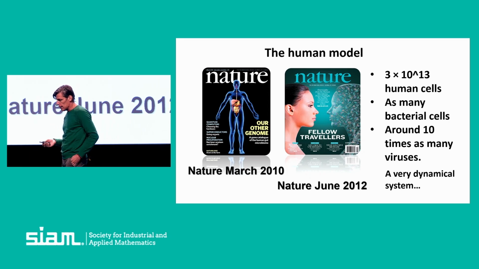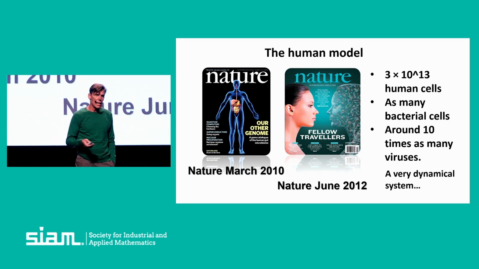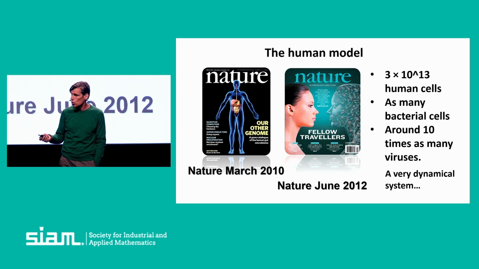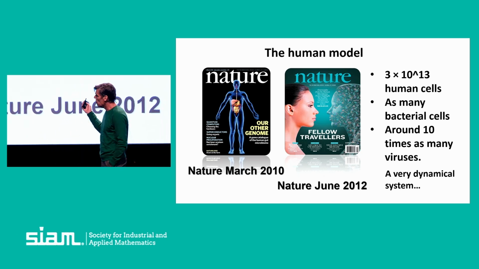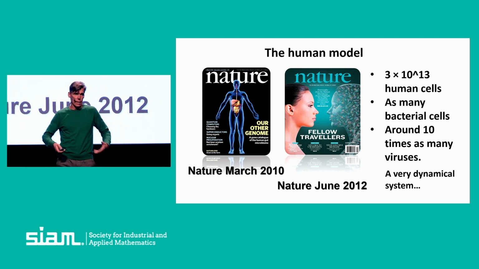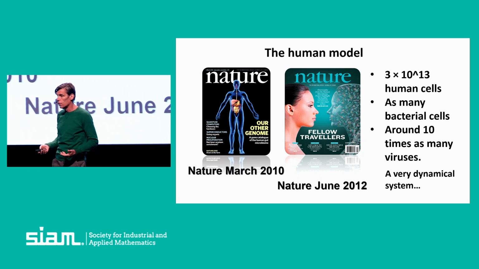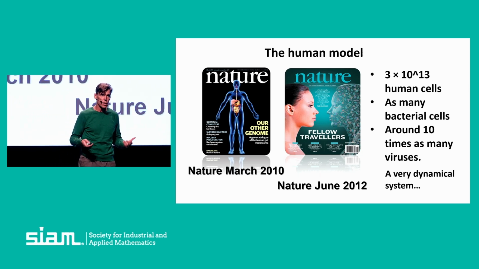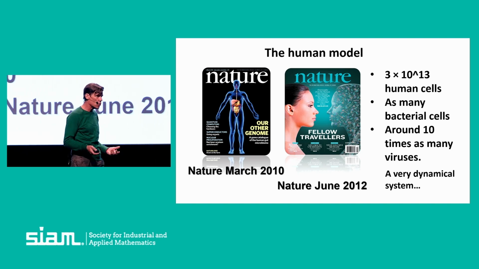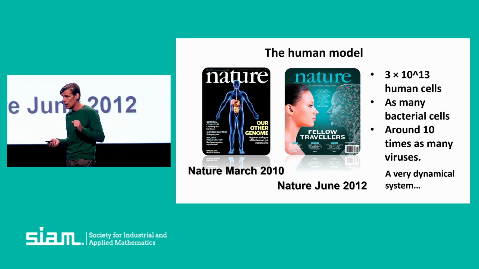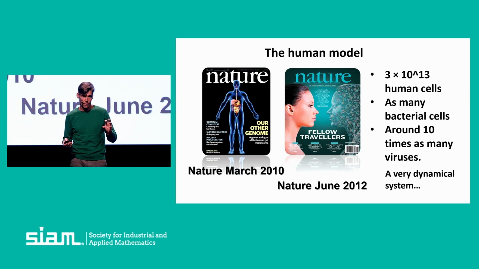So ultimately, arguably the best model for human health and disease is human health and disease. This is the ground truth. What is a human? I mean, the latest estimates are that each and every one of us is composed of 30 trillion human cells, 30,000 billion, 3 times 10 to the power 13, if you prefer, human cells.